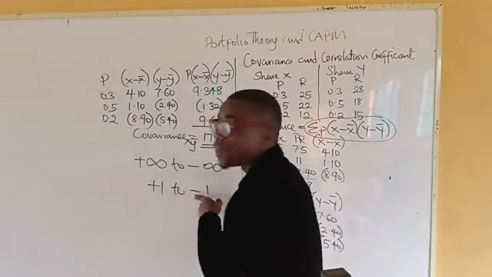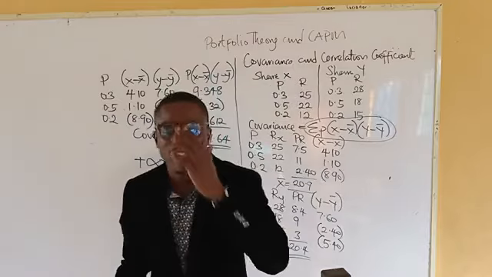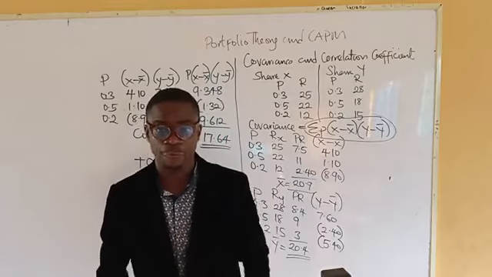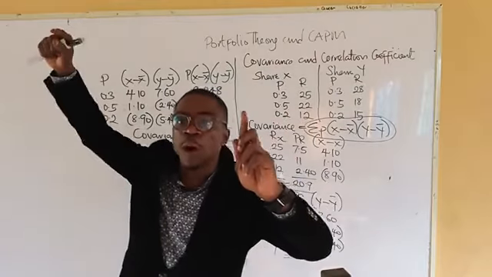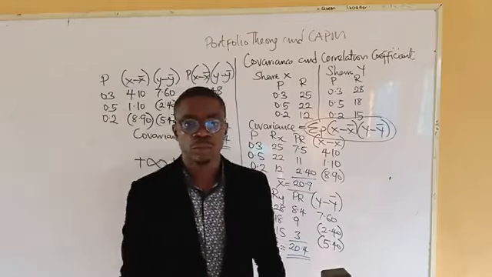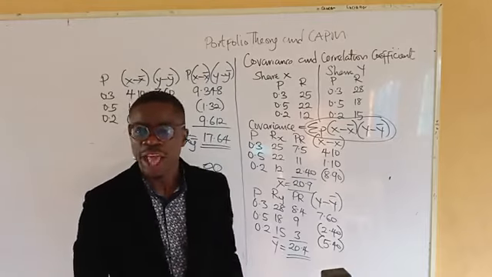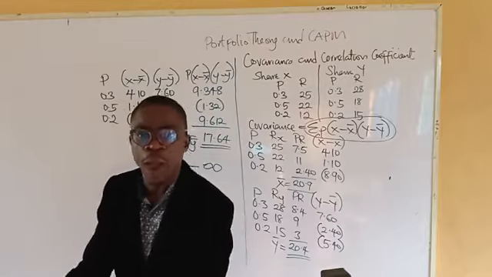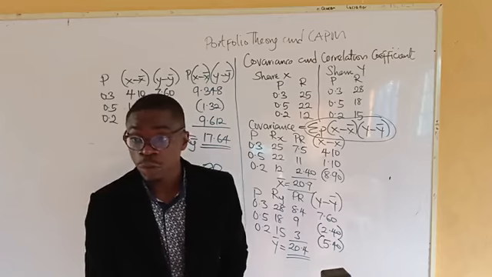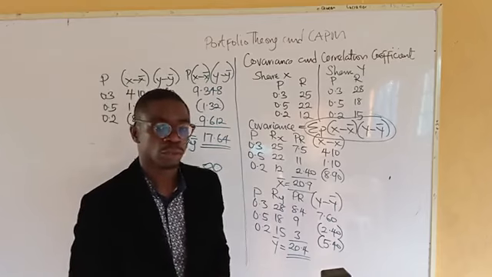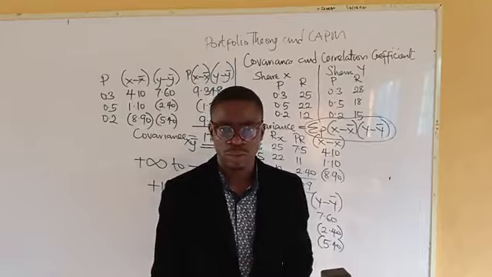But if it is minus 1, it means it is perfectly negative, meaning that if the value of one goes up, the value of the other goes down. Are you getting what I'm saying? It's just like the full stop and fuel: if the value of fuel goes up, what happens to the full stop? It will increase.